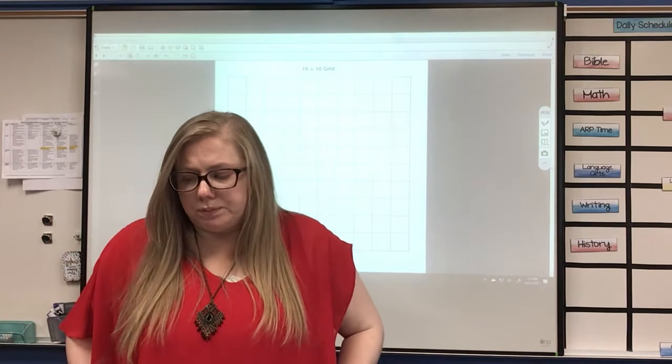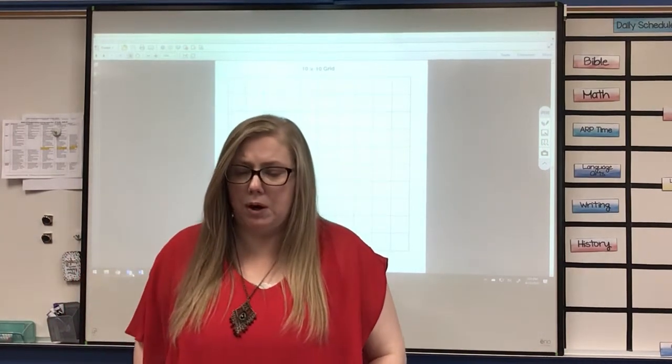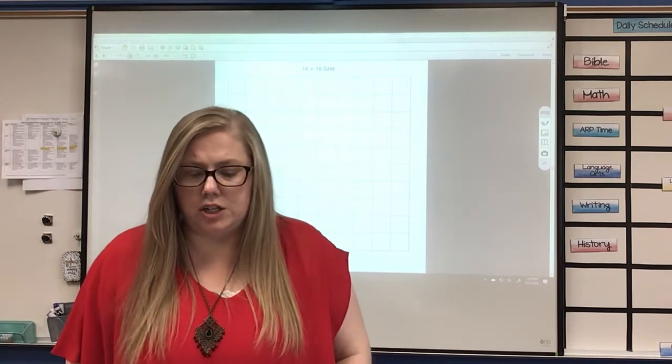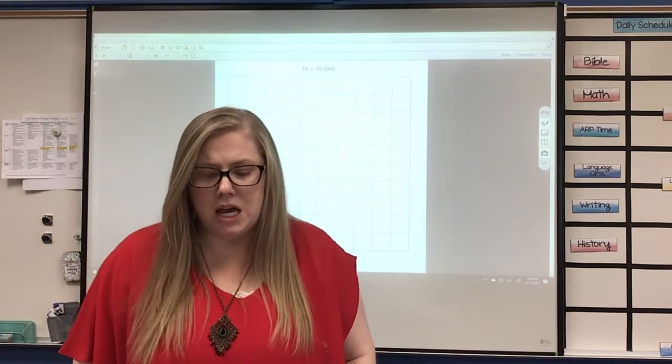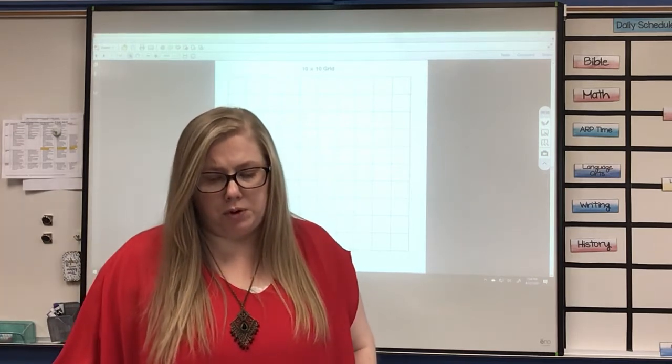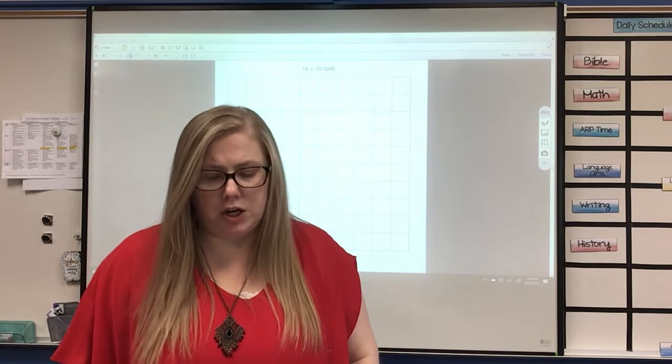I have a word problem on page 500 of your math book. It says Danielle has a collection of 100 game board counters, the pieces of board games, and she has 40 blue counters, 25 yellow counters, and 15 green counters.